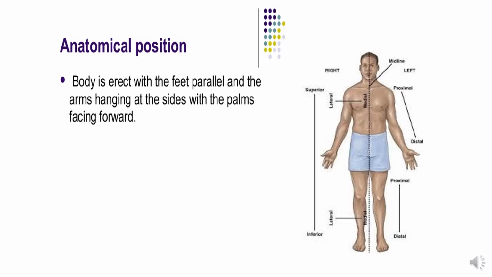So you can see here the anatomical position: the head, the gaze and the feet are pointing forward, arms by the side and palm facing forward, and legs together with feet parallel. So this is the anatomical position.